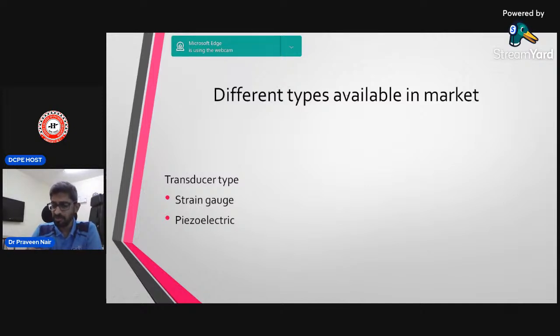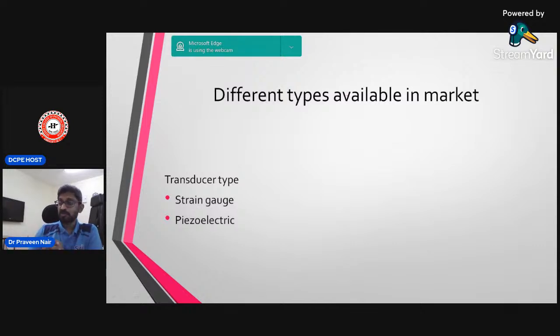The beauty of strain gauge is that in balance studies the reading is taken for a very long time, a minimum of 30 seconds, but you can go up to 2, 3, 4, 5 minutes. In that period, strain gauge gives you a consistent pace of reading. But with piezoelectric, if you measure over a very long period of time, the reading may come down.